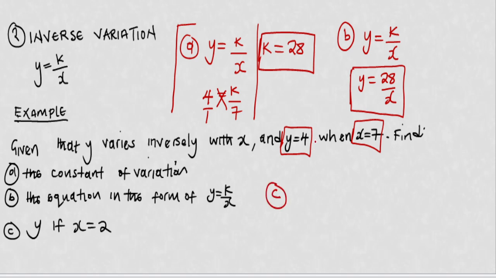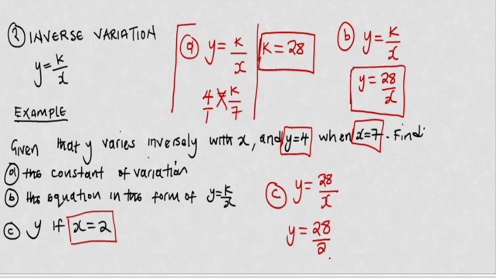They want us to find y if x is equal to 2. So what is the value of y if x is equal to 2? Using the equation in part B, which is y is equal to 28 over x, since k is a constant, it will remain. Then we need to find y when x is equal to 2.